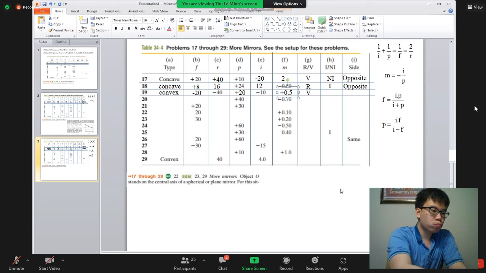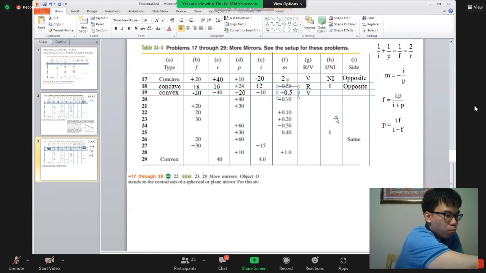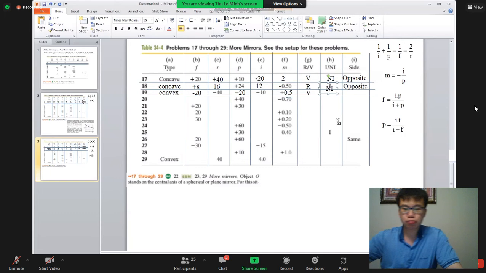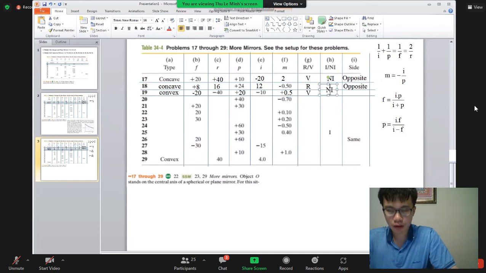And how about the direction of the image? Inverted or non-inverted?